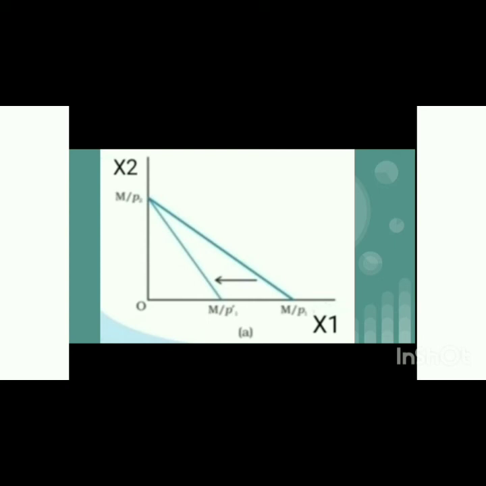Or when the price of good 1 increases, the budget line will be more steep. It is also the same in the case of good 2. You just check that session. Okay.